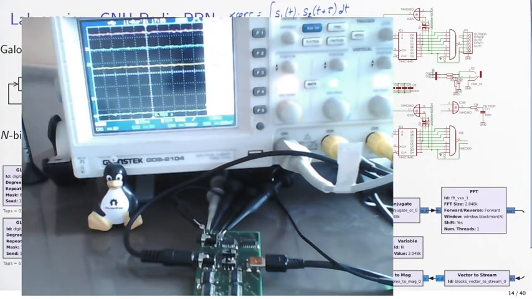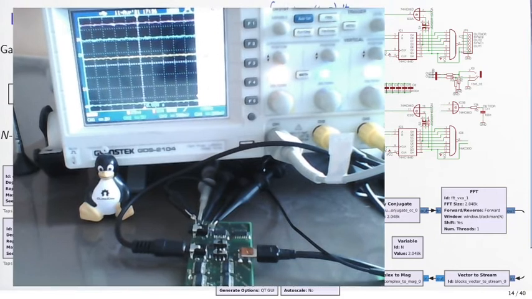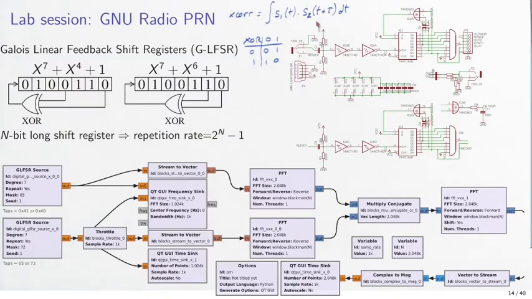So if we consider the output of this sequence here, we need to have a way of creating the tau offset over here.